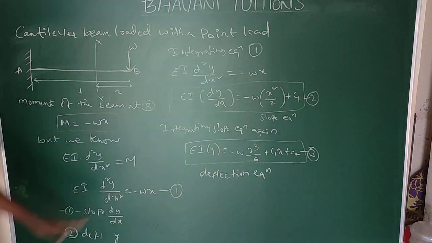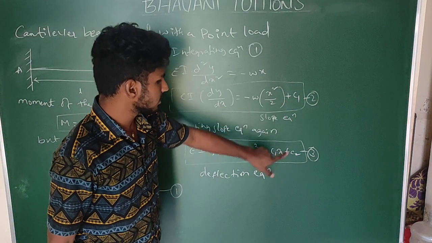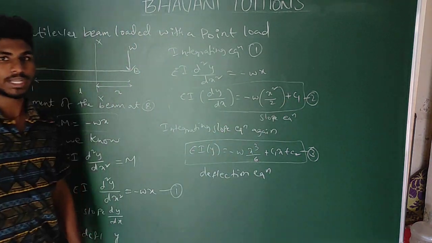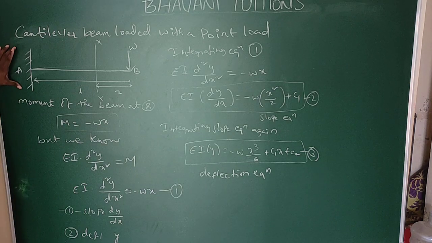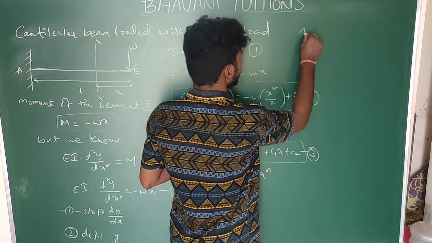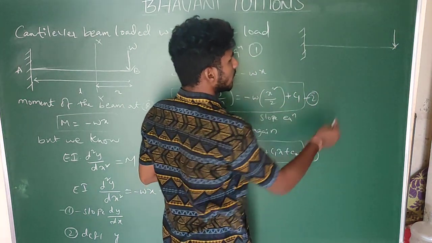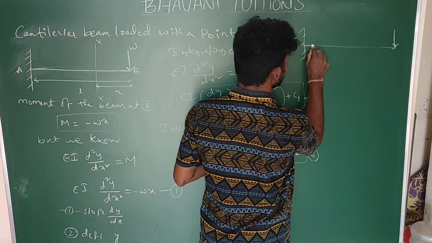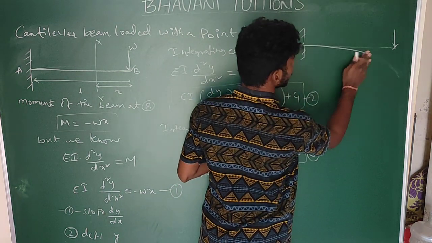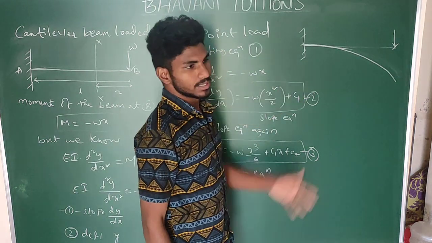From these two equations, now we need to find the unknown constants C1 and C2 by using the boundary conditions. We know how to take the boundary conditions for a cantilever beam. Here the cantilever beam is loaded with a point load. Because of this point load, the beam bends in this direction.